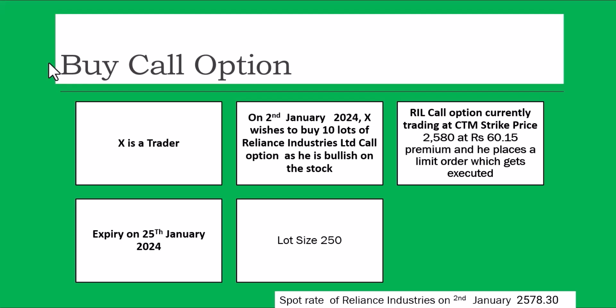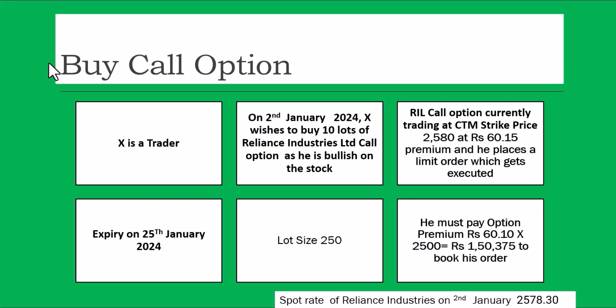If you see at the bottom, the spot rate is 2578.30. So he chooses a strike price of 2580, which is very near to the money, which we say CTM, close to the money. The National Stock Exchange of India, NSE, uses the word CTM, and he places a limit order which gets executed. Expiry is on 25th of January 2024.